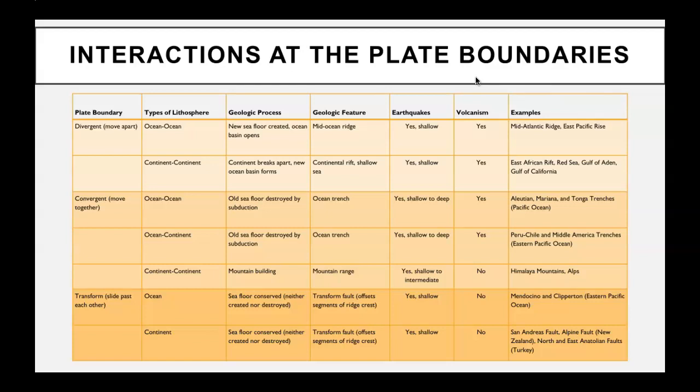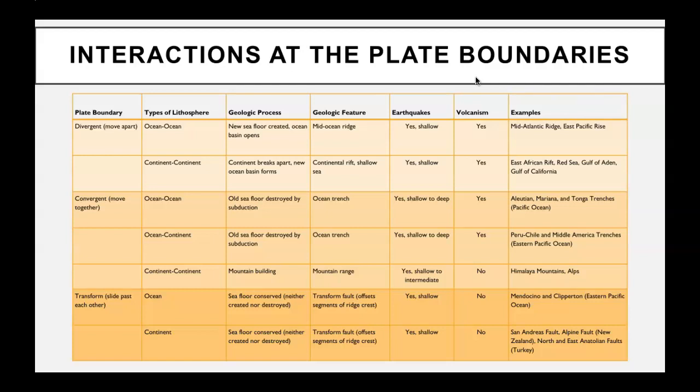The convergent plate boundaries, where at the boundary plates are moving together, you can have two pieces of oceanic crust, or lithosphere, moving together. You can have oceanic crust and continental crust coming together, and you can have continent-continent collision, where mountains are being built and coming together. And then transform boundaries, those can be in oceanic crust or in continental crust.